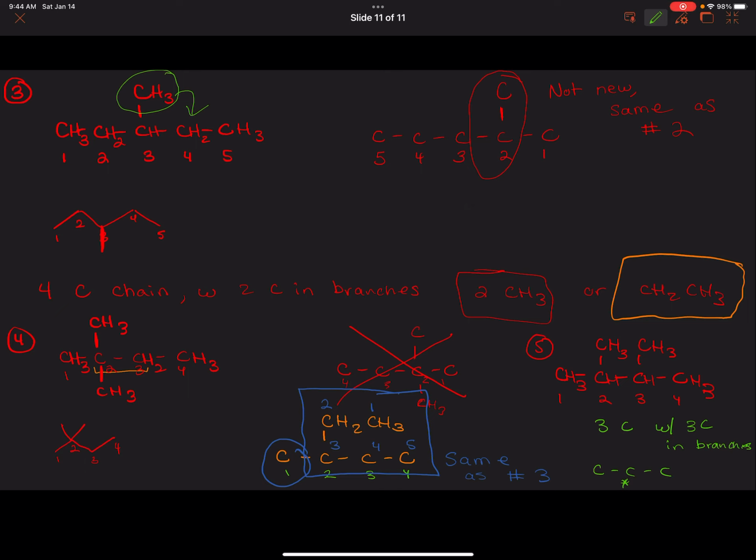I cannot put 3 carbons on 1 carbon. So I cannot draw any structures with that 3 carbon chain. So at this point, we have drawn as many possible structures as we can with the C6H14.